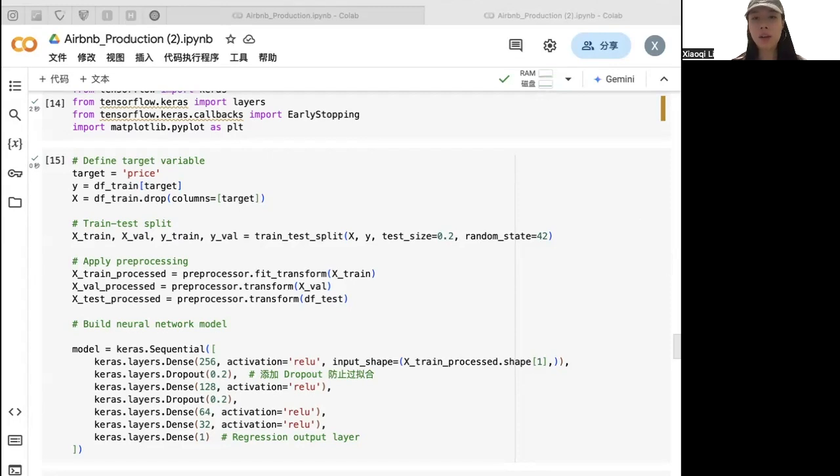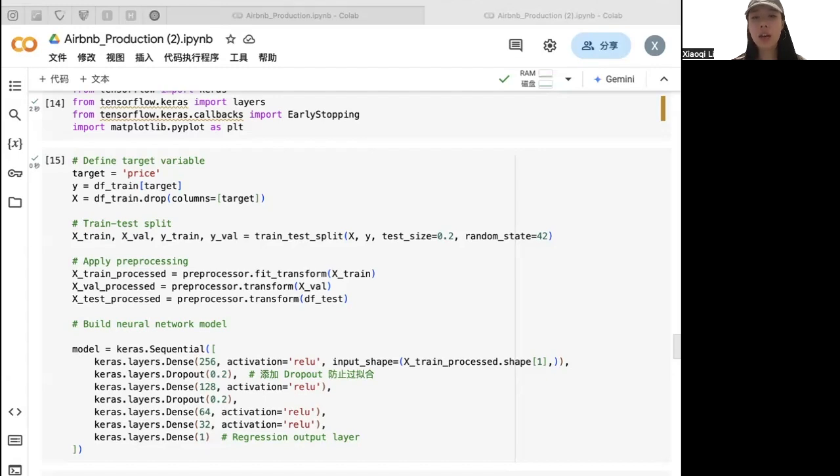Hidden layer 1 is 128 neurons with ReLU activation. Dropout layer randomly drops 20% of the neurons.